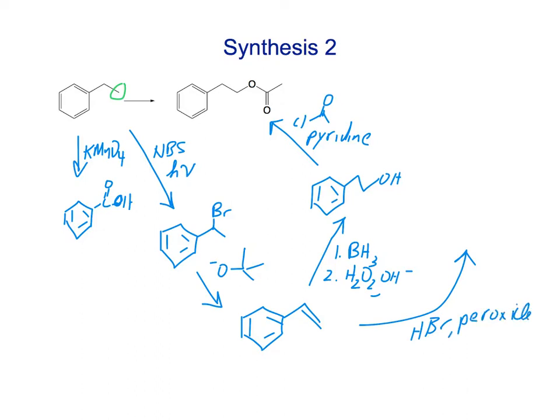Remember, that's the radical addition, and it also does what we could call anti-Markovnikov addition. So the bromine goes to the end. And then we could use our other approach, using this carboxylate anion as a nucleophile. Just do an SN2 at a primary position. We can easily do an SN2 substitution.